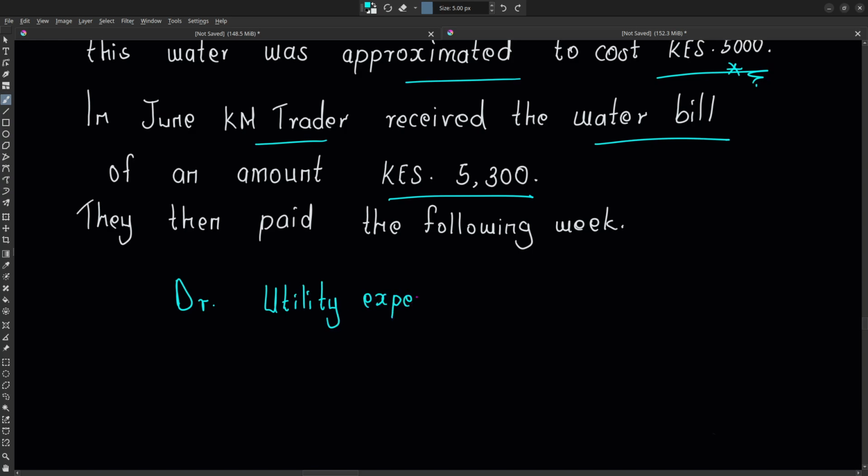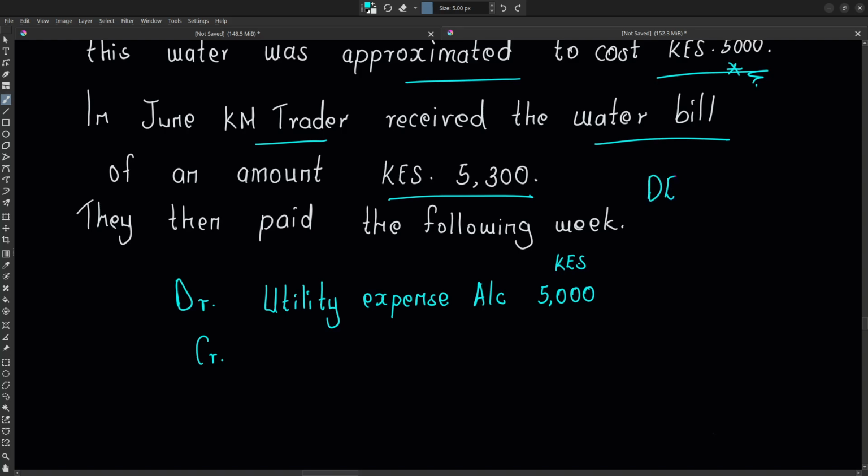Utility expense, and we have approximated the cost to be 5,000. That is the cost we are approximating we have incurred already by using the water during that period. Then we also need to recognize a liability because we are yet to pay. We have an obligation to pay for this water. We have already used it, so we have a liability to pay.